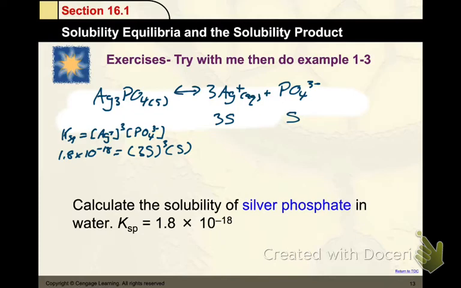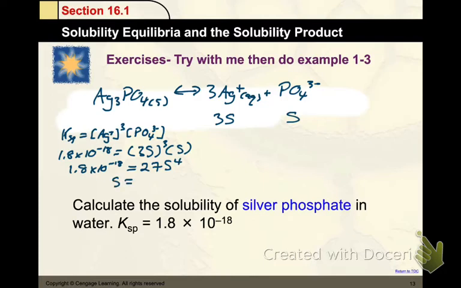Or if we simplify that a little bit, we have 1.8 times 10 to the minus 18 is equal to, 3 cubed would be what? 3 times 3 is 9 times 3, so that's 27 S to the fourth.